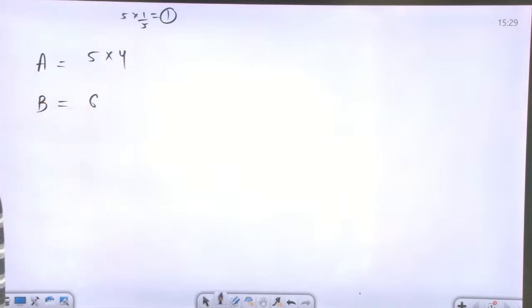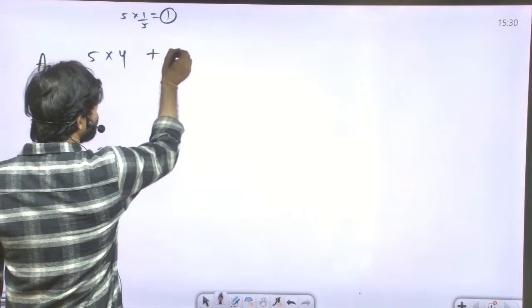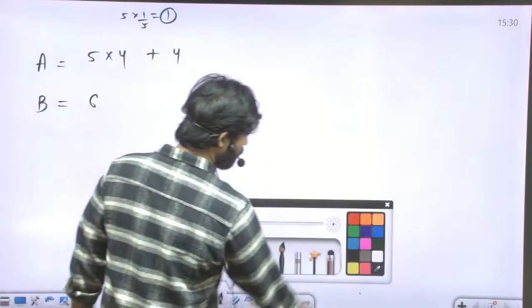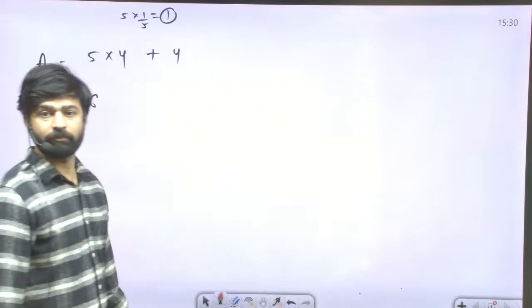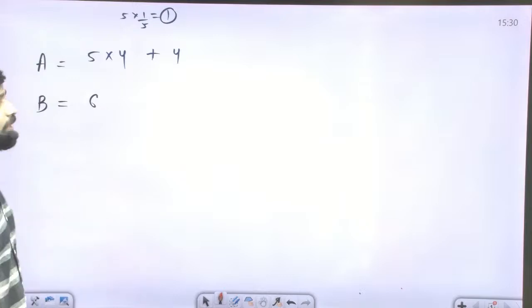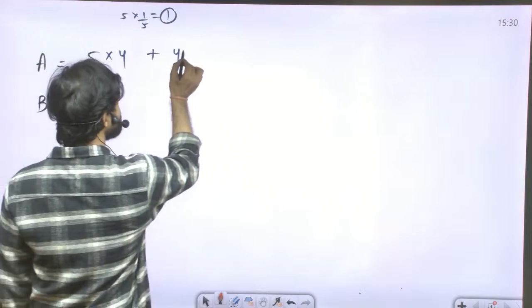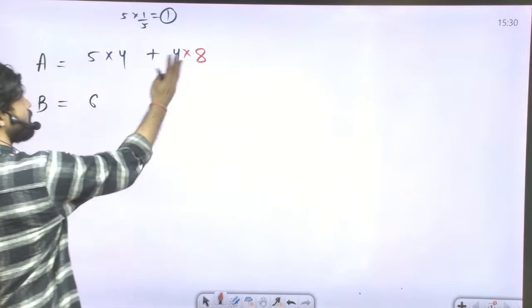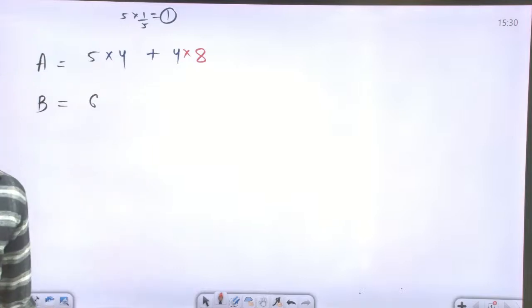What is remaining in the business? 5 minus 1, that is 4 units. Very good. And these 4 units are invested for the rest of the time, 12 minus 4, that is 8 months. So this is the share of profit of A for 1 year. Any problem in this? Okay.